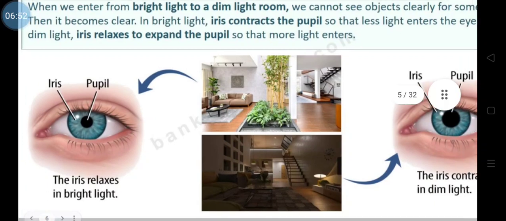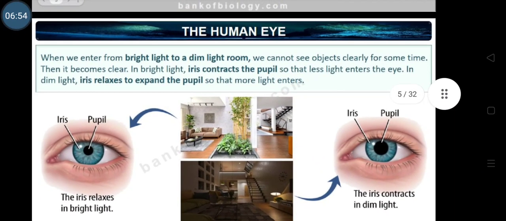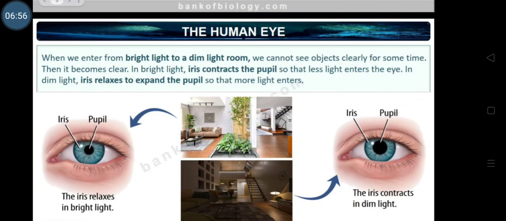Similarly, here we can see the changes in the iris. What happens in bright light? The iris contracts the pupil, and in dim light, the iris relaxes to expand the pupil.